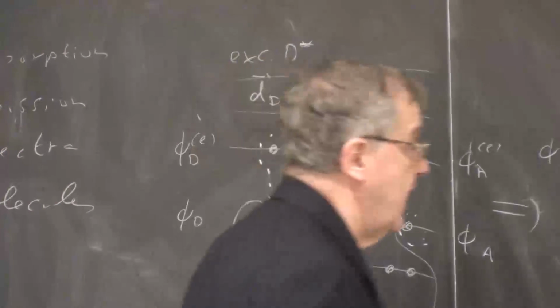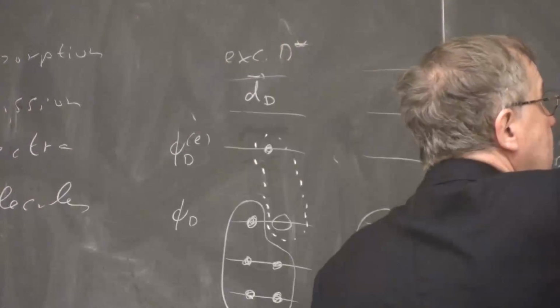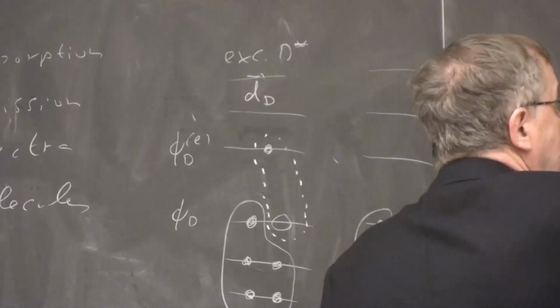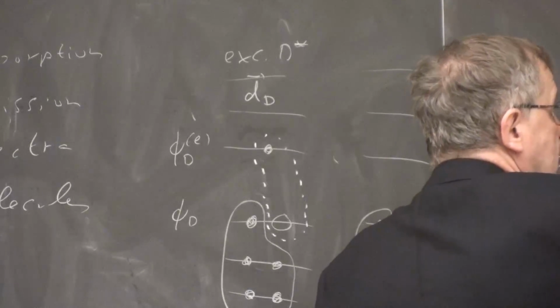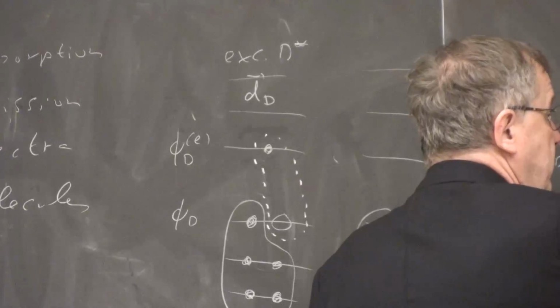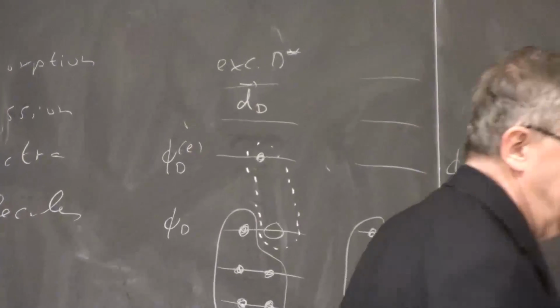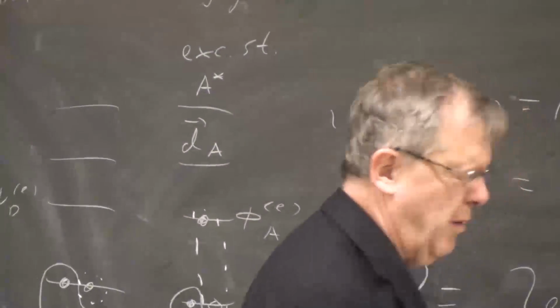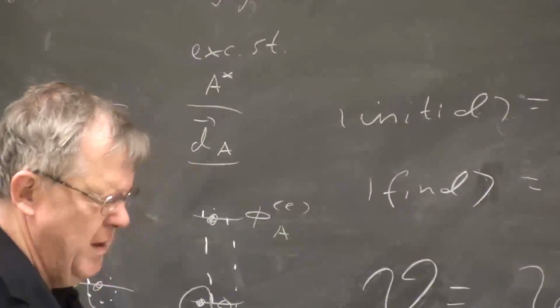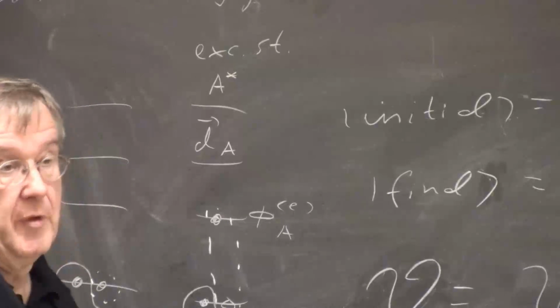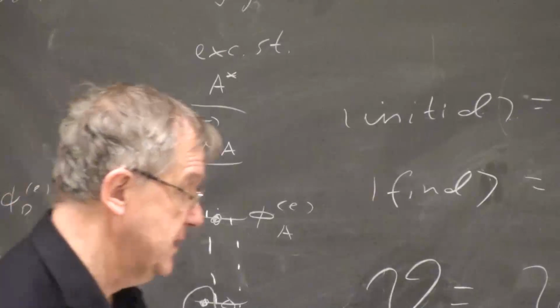And here we have an excited state acceptor, and it comes with a transition dipole moment dA. And here we just have the prefactor, the absolute values of those transition dipole moments.